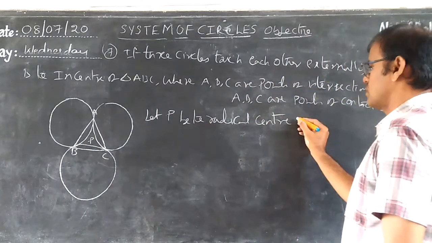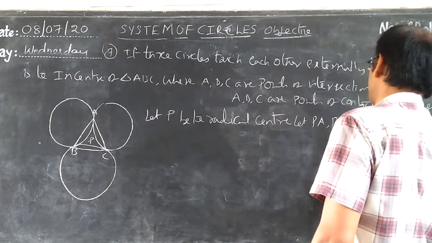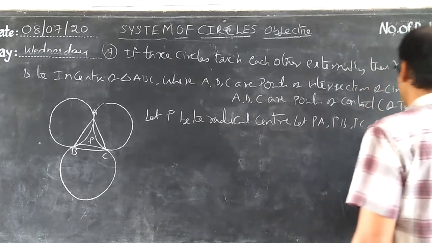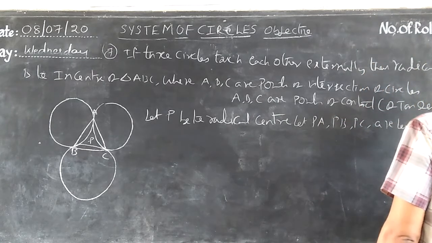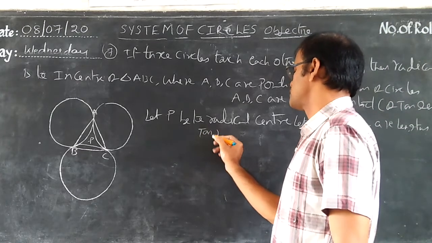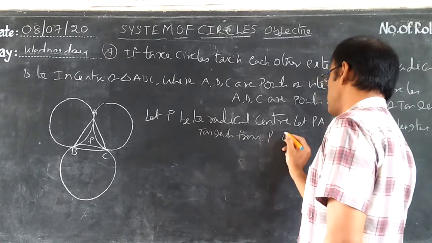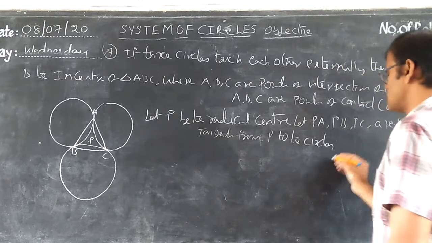So PA, PB, PC are lengths of tangents from P to the circles.